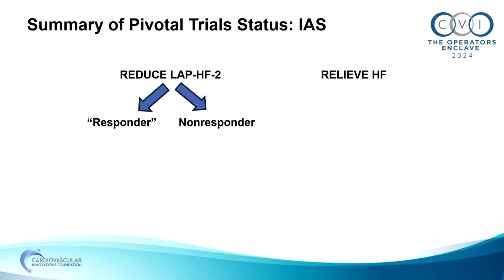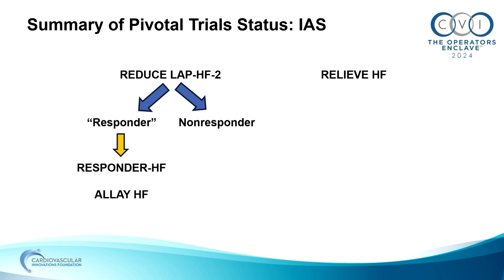So in Reduce LAP HF2, there was a responder group, separate paper by Barry Borlaug, exercise PVR less than 1.7 and no pacemaker. They did much better than the non-responder group, and they've continued to do better, followed out to 3 years. And so that is being followed by the Corvia folks in a trial called Responder HF to confirm that in that group of people.